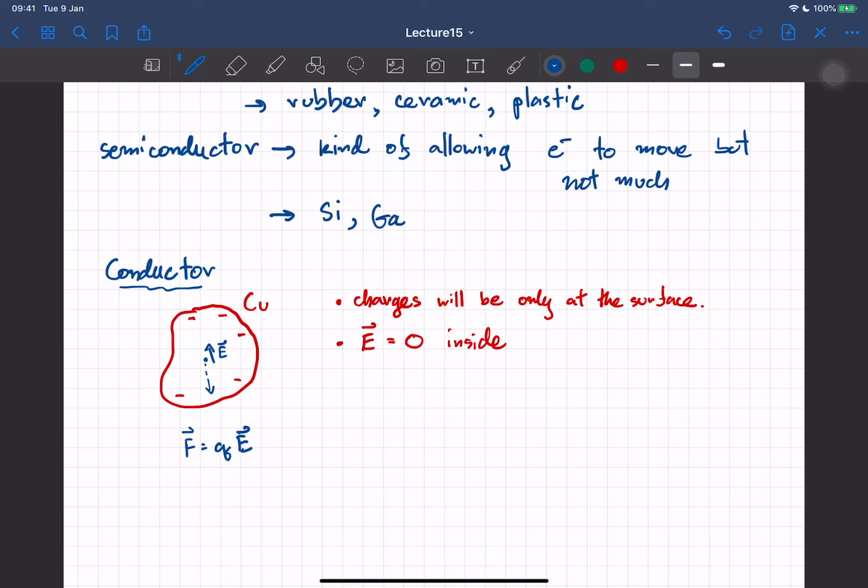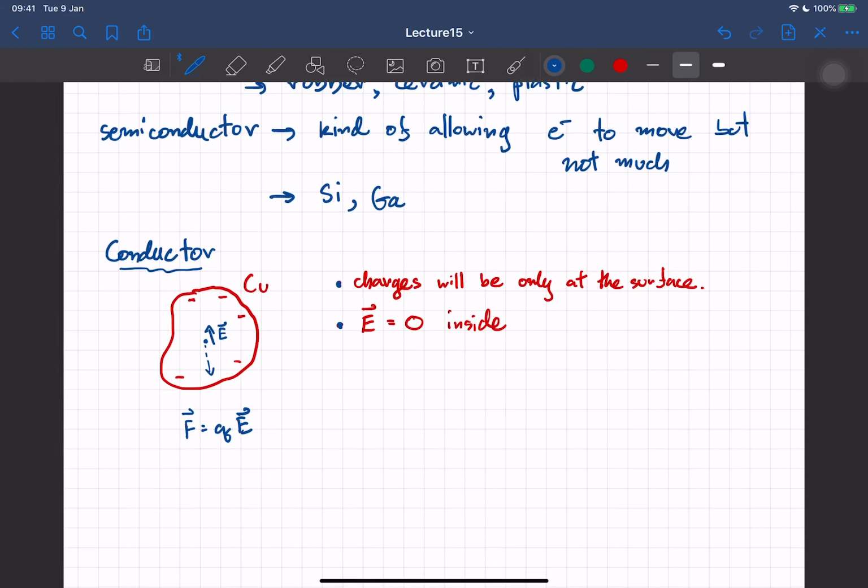This will happen until, in the end, the electric field inside the conductor is 0, so there's no movement anymore. It's kind of self-adjusting such that the electric field inside the conductor is always 0. So that's the rough reason why the electric field inside the conductor is 0. These two facts are very important later on. Okay, so I'll just write it down here.